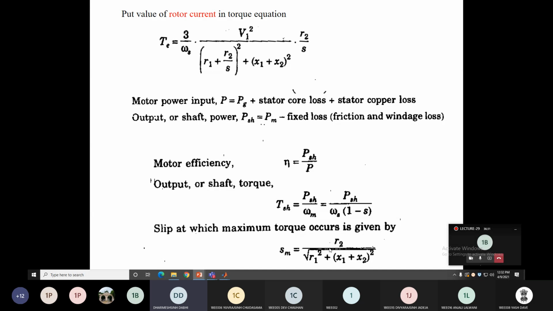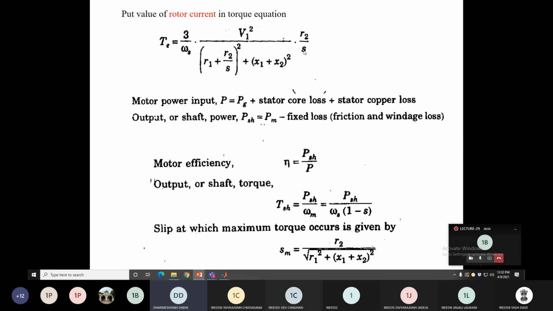Now if you put this value of slip in the equation of torque, that will give the maximum torque of the induction motor. Here you can see that the electromagnetic torque equation depends upon the slip. Here is a slip and here is also slip.